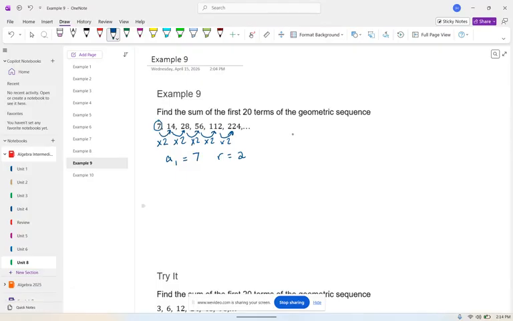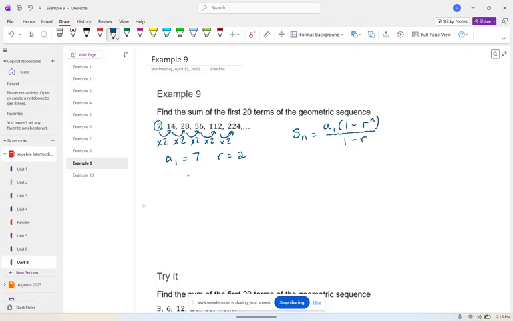Now we have this equation for the sum of the geometric series. It's S sub n equals A sub 1 times 1 minus R to the n over 1 minus R. And we're going to go ahead and plug in the things that we know.